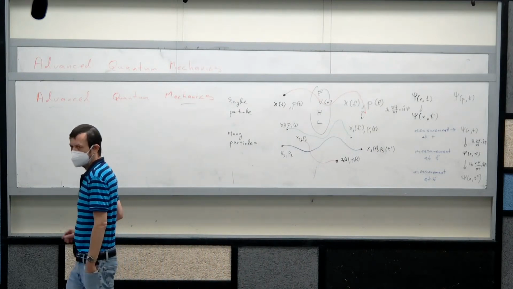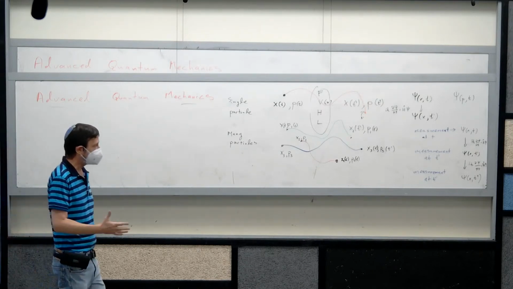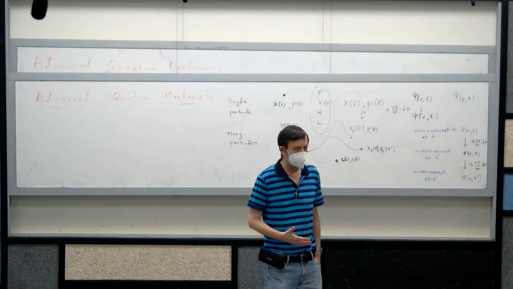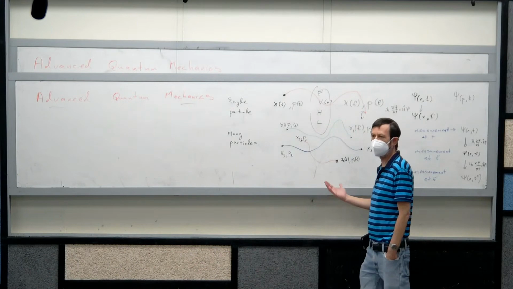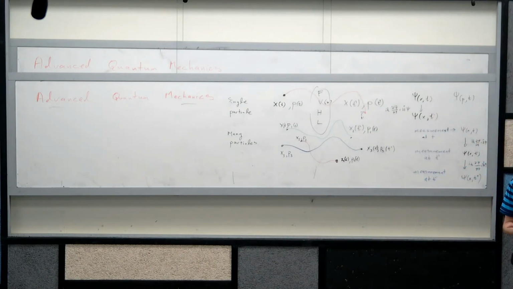Okay, so that is in a nutshell mechanics and quantum mechanics. So what are we going to do in advanced quantum mechanics? Well, lots of things here are still missing.